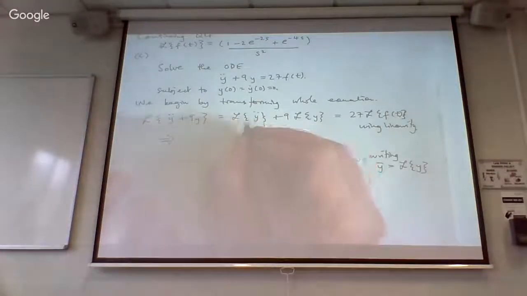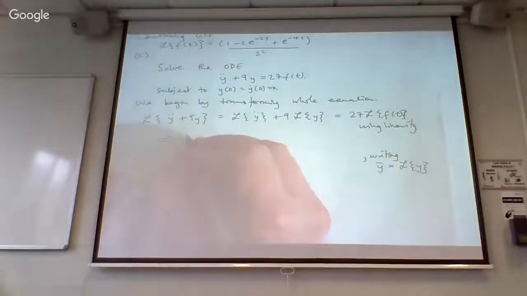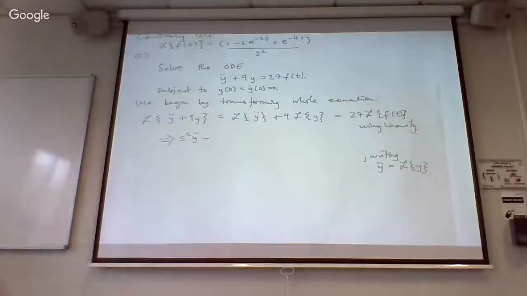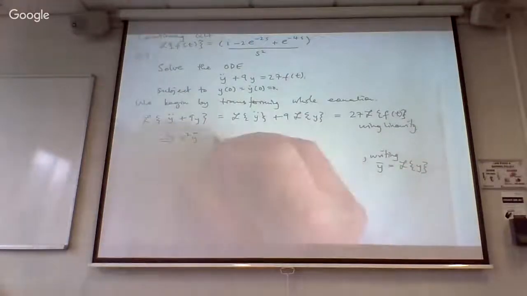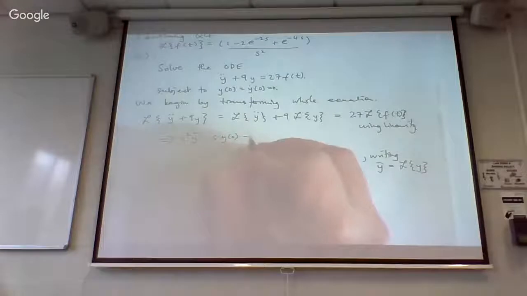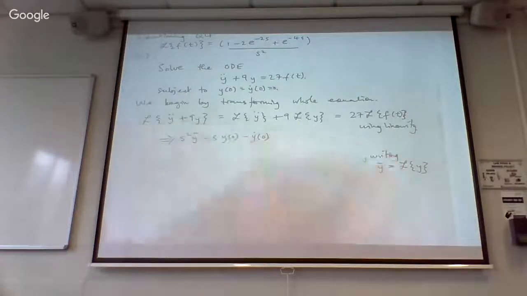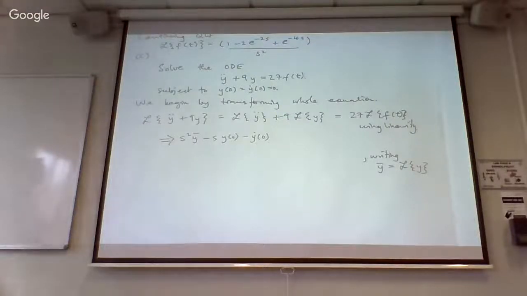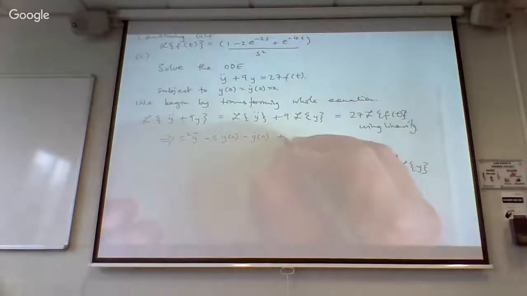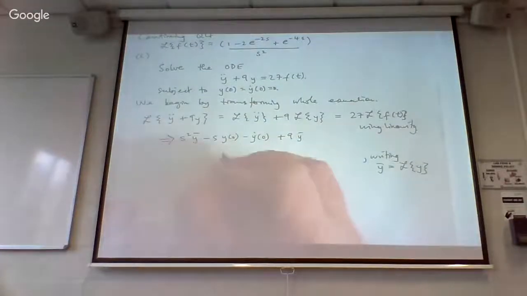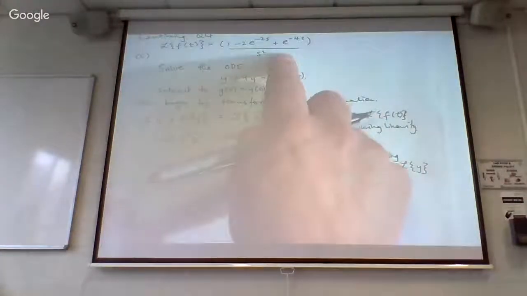So then this thing here is going to be s squared times y bar minus s times y of 0 minus y dot of 0. That's the transform of derivatives property for a second derivative, read from the table. And then we've got 9 times y bar equals this thing up here.